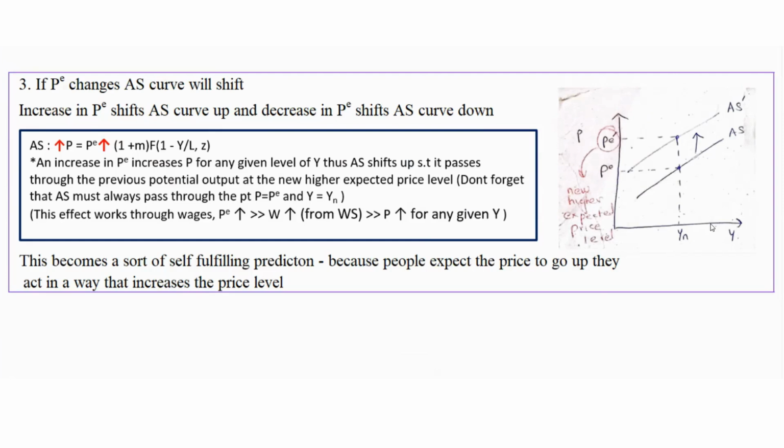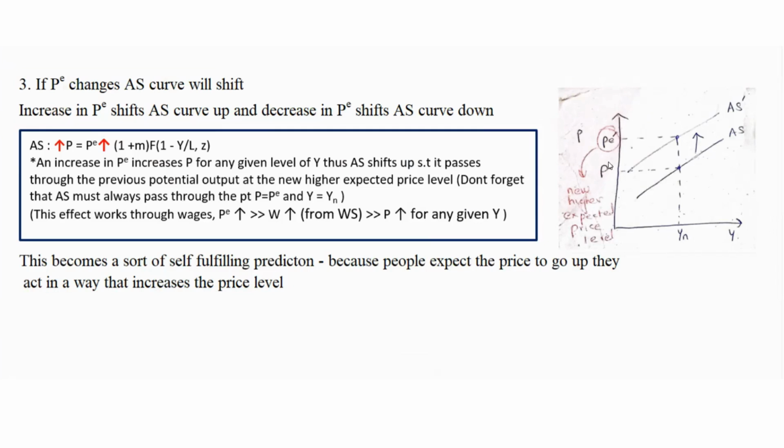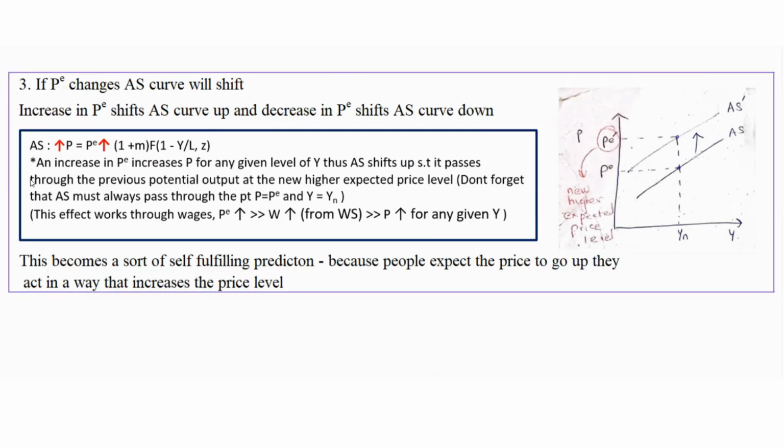In this case, the potential output remains unchanged, but the expected price level increases. And the background behind understanding why this shift is happening is based on the WS-PS model, because when PE increases, W increases from WS, and that from PS causes P to increase for any given level of Y.